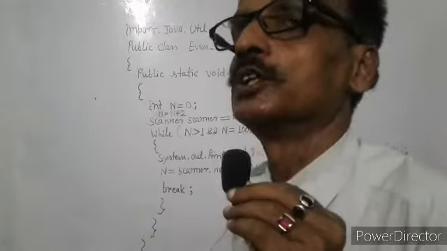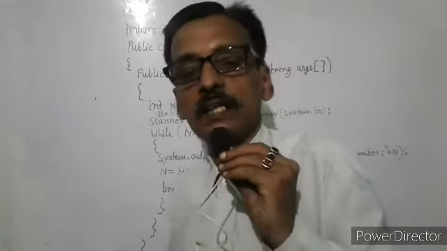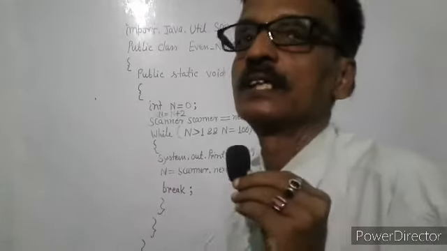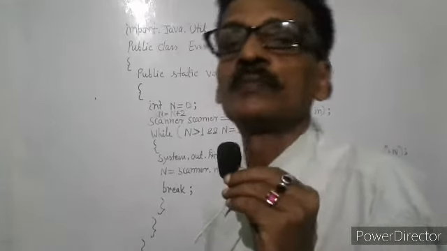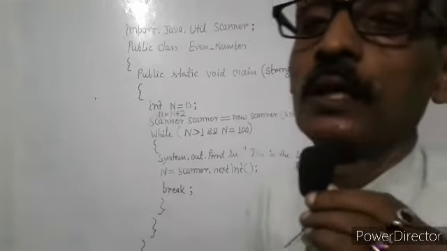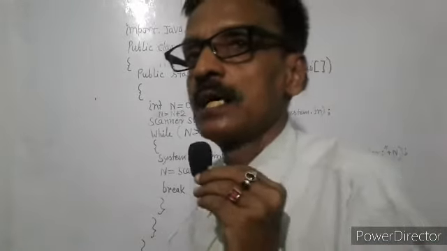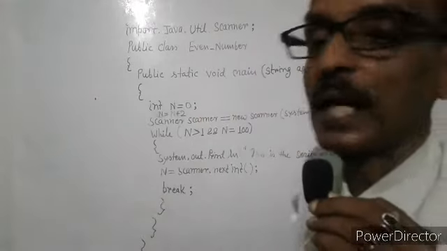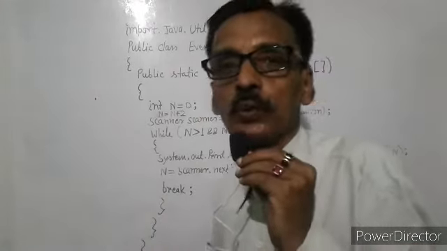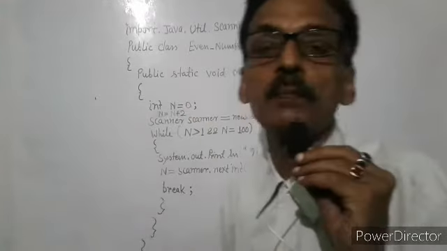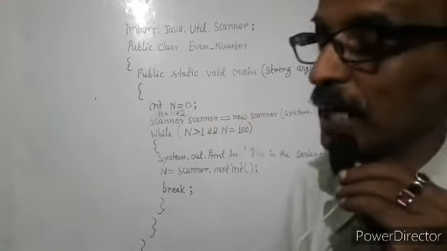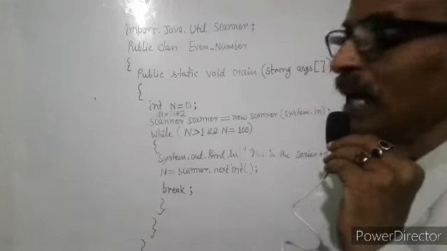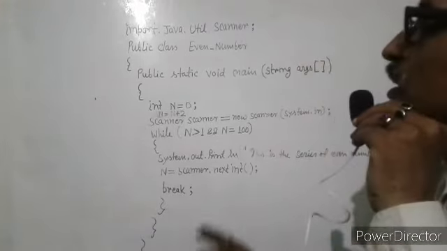As soon as you press enter, if your program contains an error, it will be displayed. In that case, you will go back to Notepad and remove the error, save the program again and compile it again.